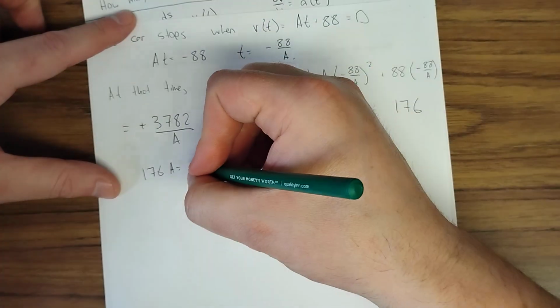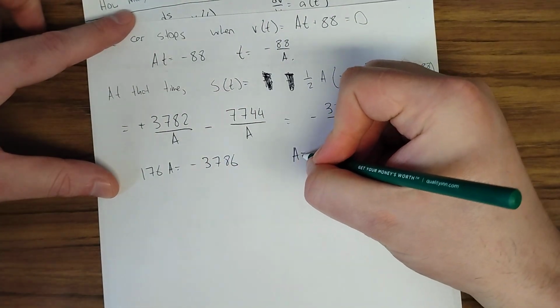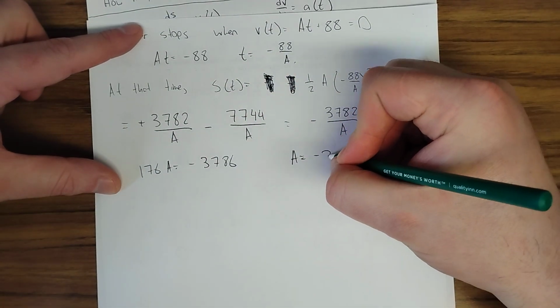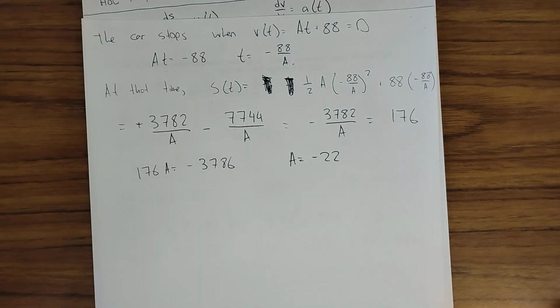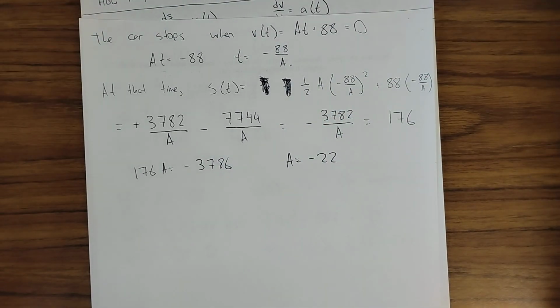Let me just show my work here. These numbers are kind of big, so just trust me on this. a is negative 22. And maybe I should be good and show my units here. This is acceleration, so the unit should be distance over time squared.